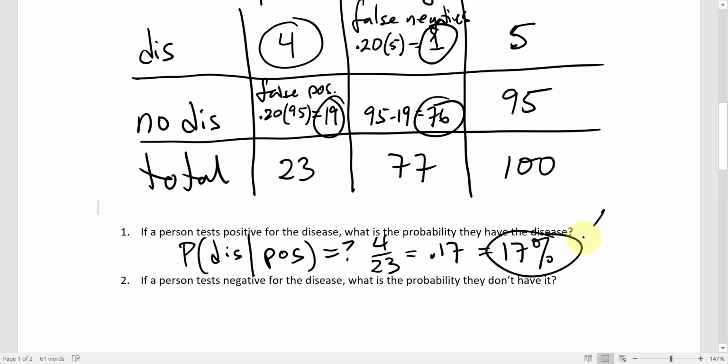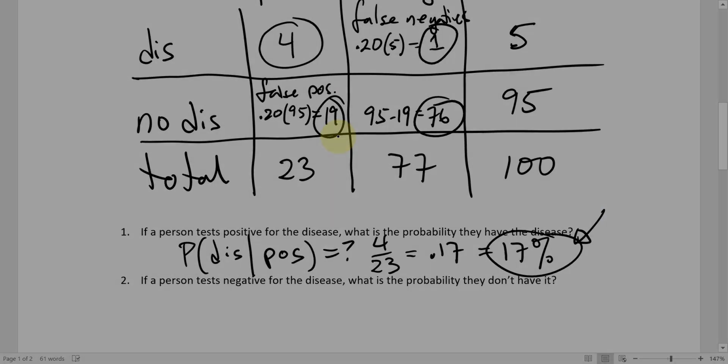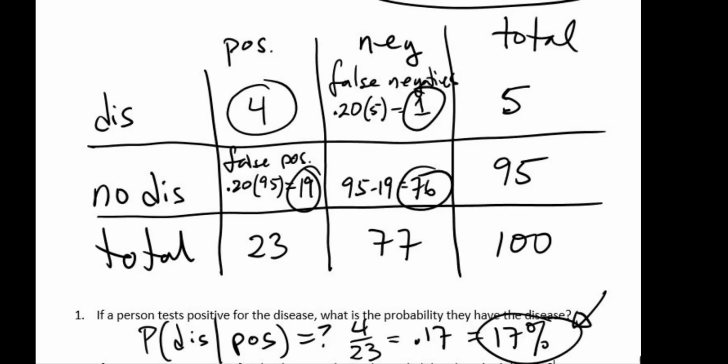So 17% is very low, right? So how could that be so low? Because of all these false positives. That's why. I will also interject that the number is low because the incidence of the disease is relatively low, 5% of the population has the disease. So you wouldn't really want to give everybody in that population a test that was only 80% accurate, right?